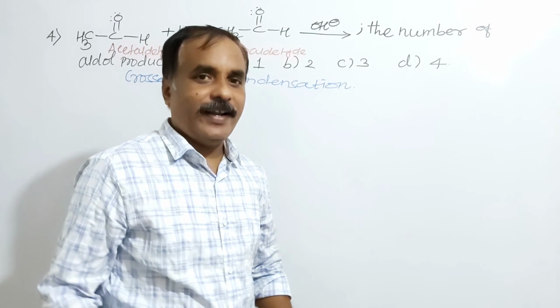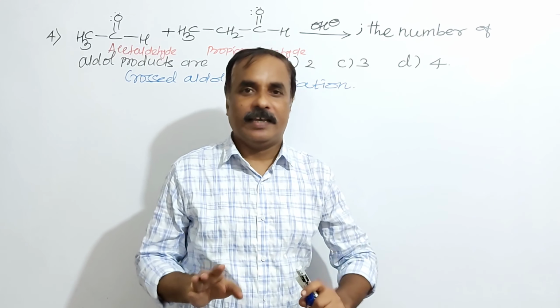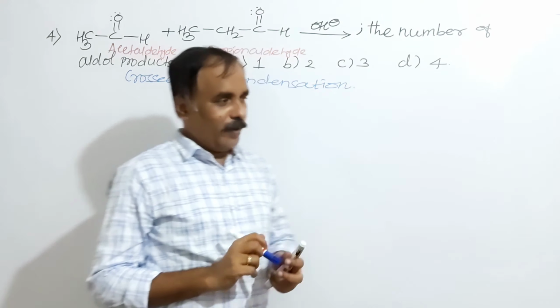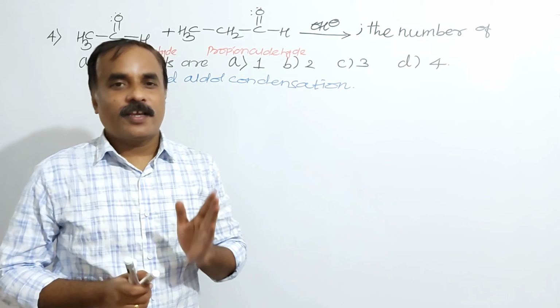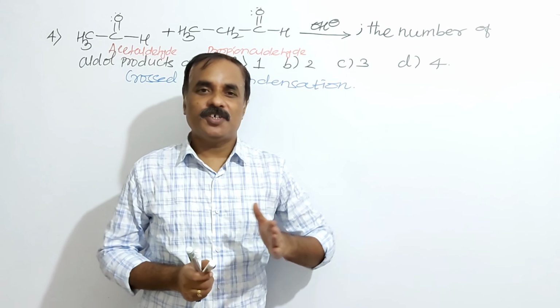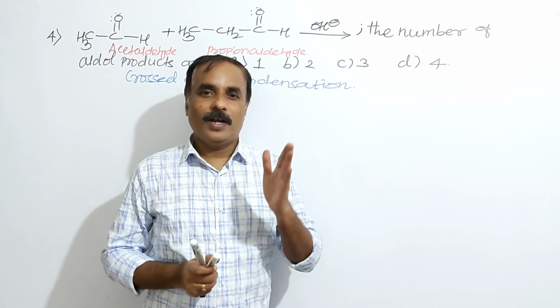Then what is the product and how many aldol products are possible here? The options are 1, 2, 3, 4. In simple aldol condensation, only one aldol product is there. In intramolecular aldol condensation, one or more than one.